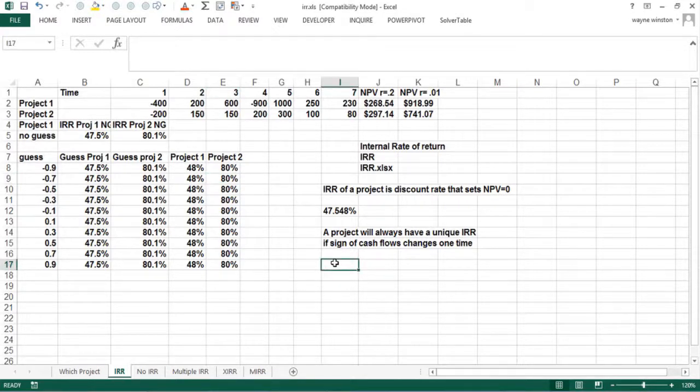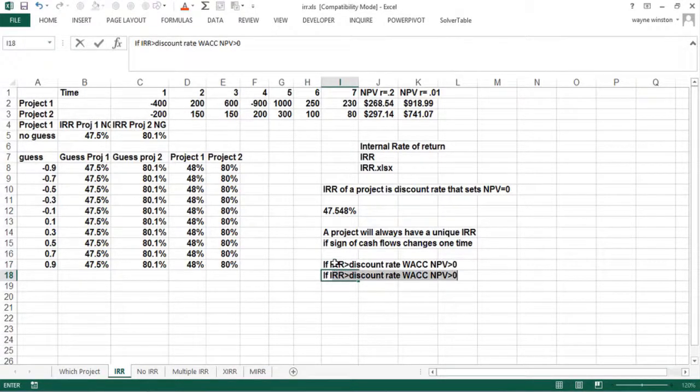What's the relationship between internal rate of return and NPV? Okay, if the IRR is greater than the discount rate or the WACC, then the NPV is positive.